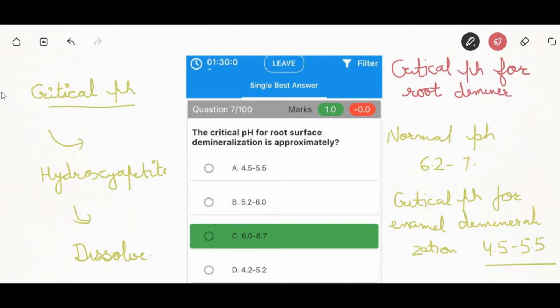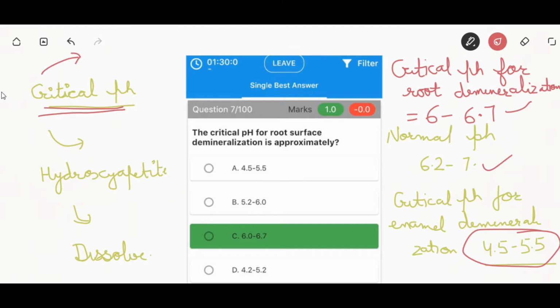When the pH drops below 5.5, there is insufficient salivary concentration of calcium and phosphorus to counteract the process, and enamel begins to lose its valuable calcium and phosphorus ions on the microscopic level.